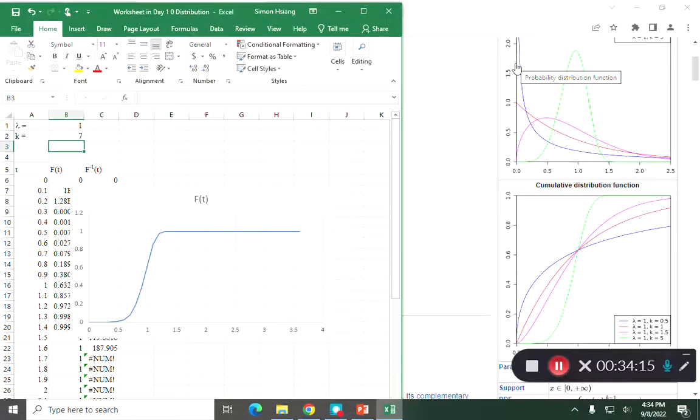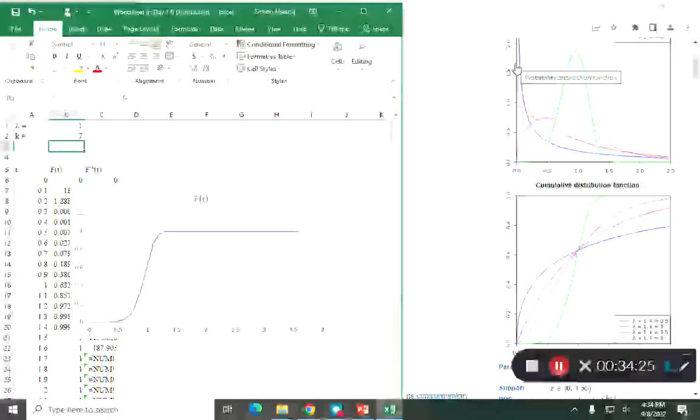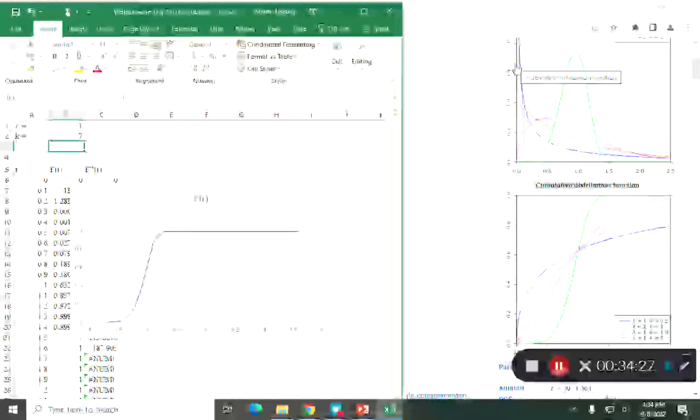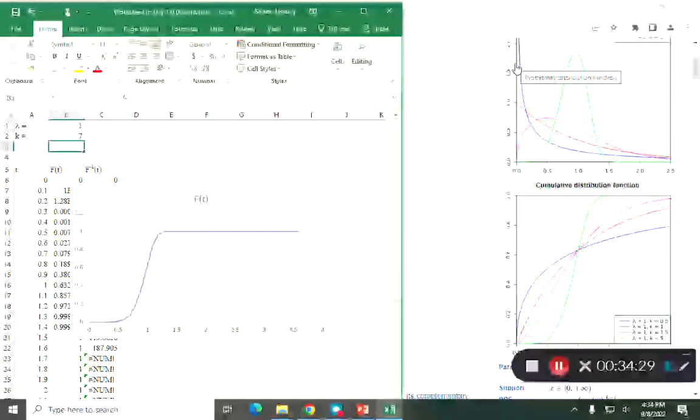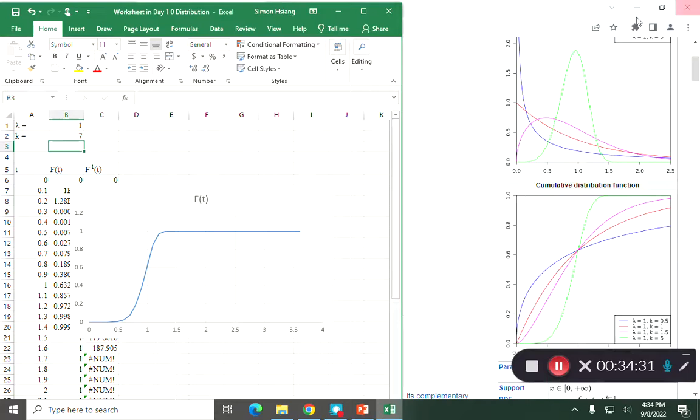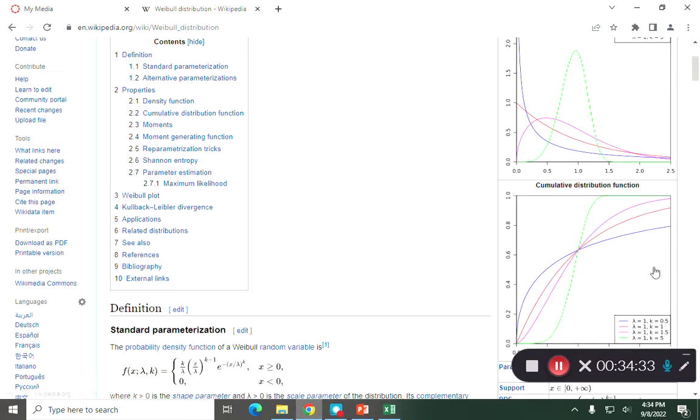If this is about infant failure rate, can anybody tell me which curve, the blue, green, red, or pink, shows infants dying young a lot? Just by looking at the Wikipedia. The blue means you have a lot of the histogram at the very beginning, so this curve grows really fast.